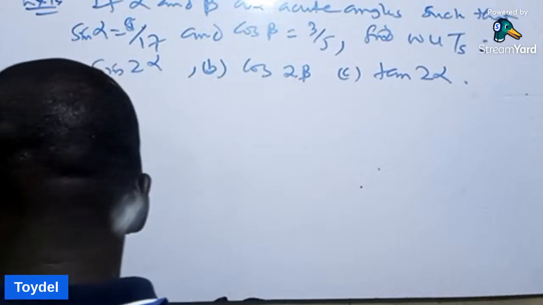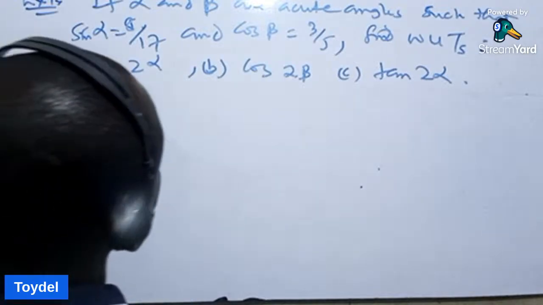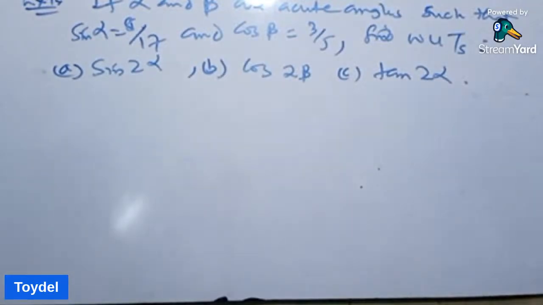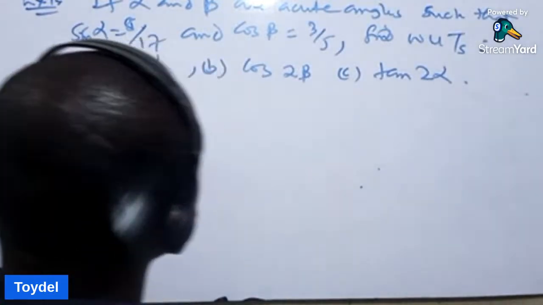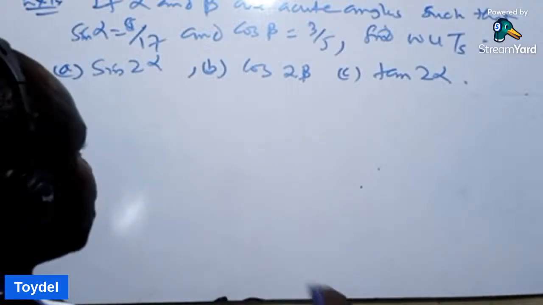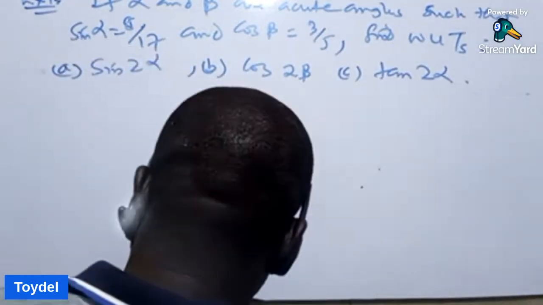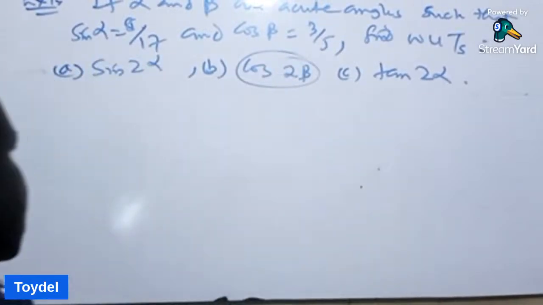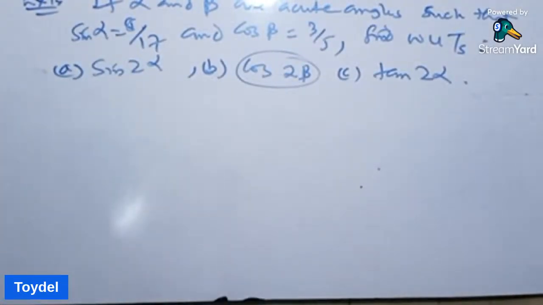That is for sine 2 alpha. Then for cos 2 beta, it depends on how we want to write it. Cos 2 beta can be 2 cos square beta minus 1, or cos square beta minus sine square beta, or 1 minus 2 sine square beta. Whichever expression we use, we get the same answer. Then tan 2 alpha will be 2 tan alpha all over 1 minus tan square alpha.